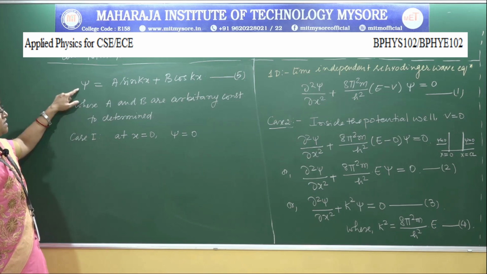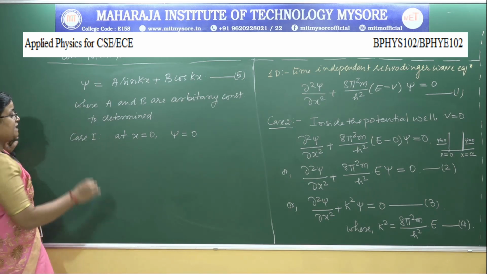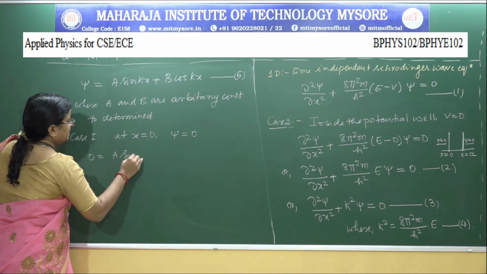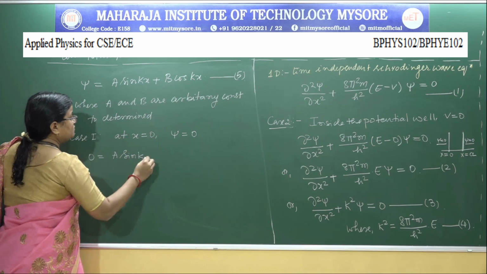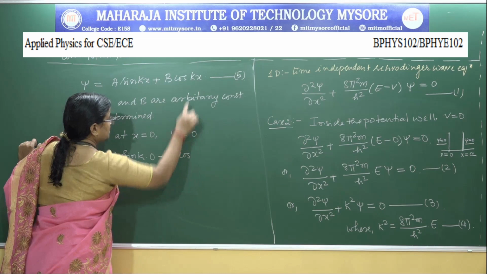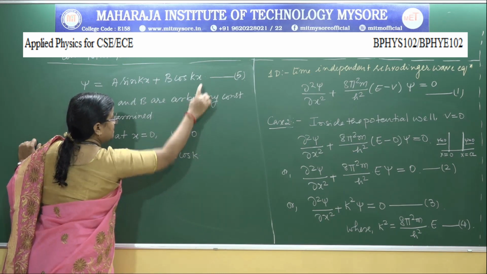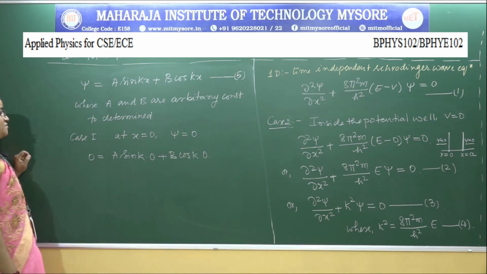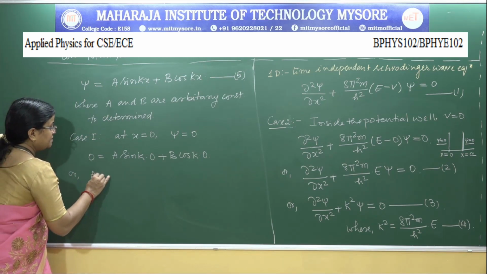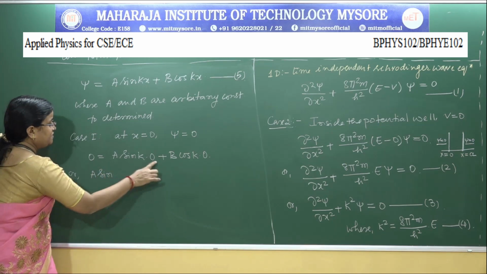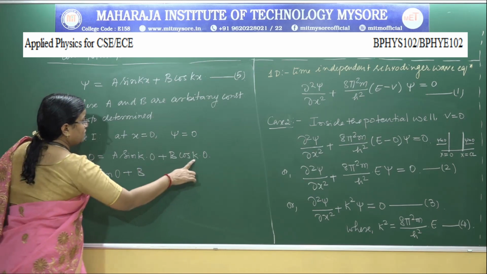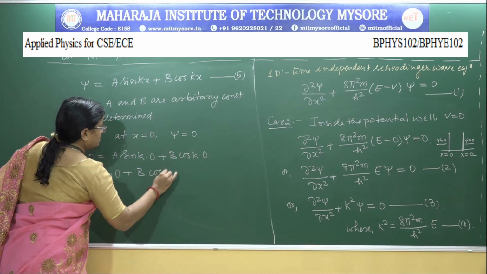And when we substitute in equation 5, we get 0 = A sin k(0) + B cos k(0). So, what we get? A sin k into 0 is 0, plus B cos k into 0.